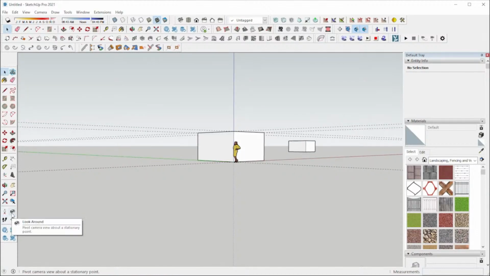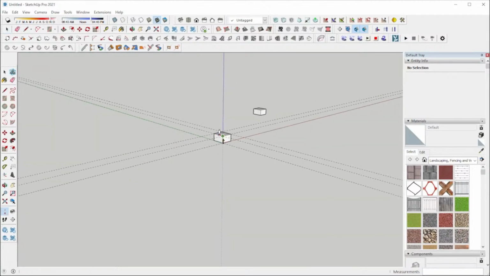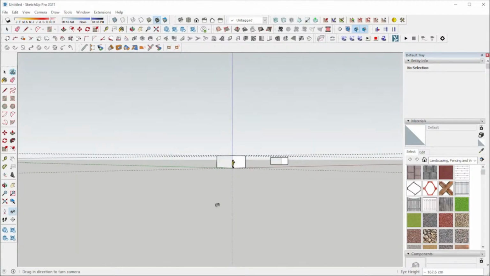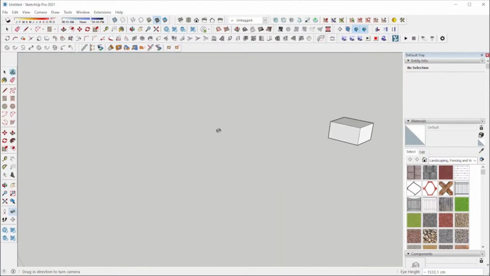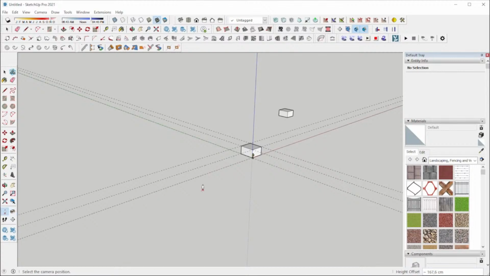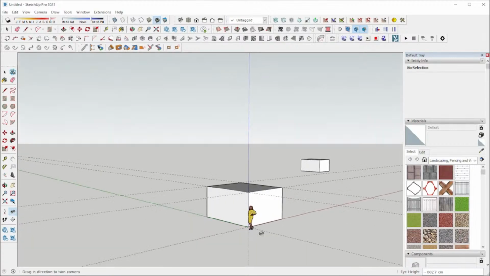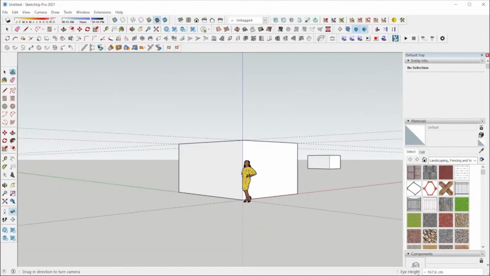If I take a position for the camera, you can see, let me do it a bit closer. My eye height level is 167, and it's the same, and it's this actually.